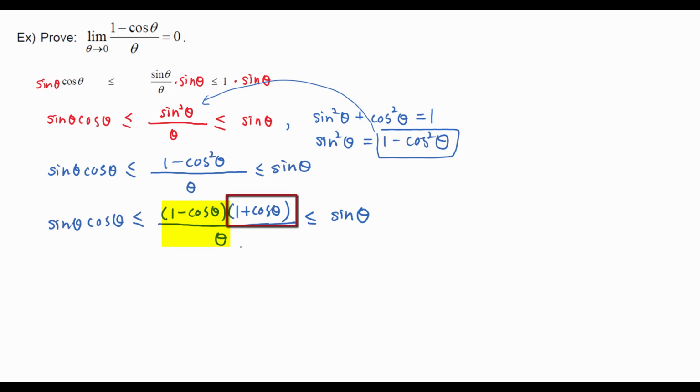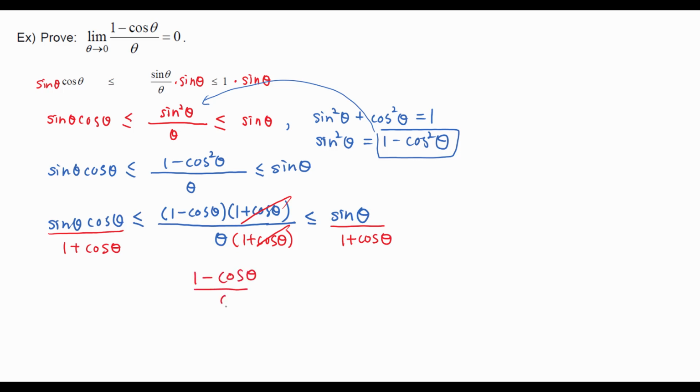So we are now going to divide all three sides by 1 plus cosine theta, so that these cancel. So now I do have 1 minus cosine theta over theta, which I want to find the limit of.